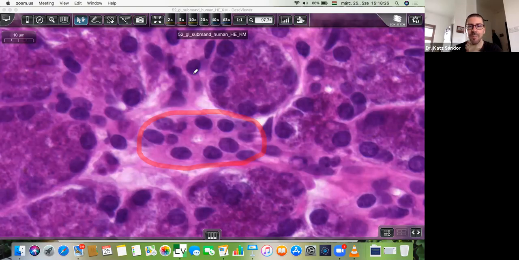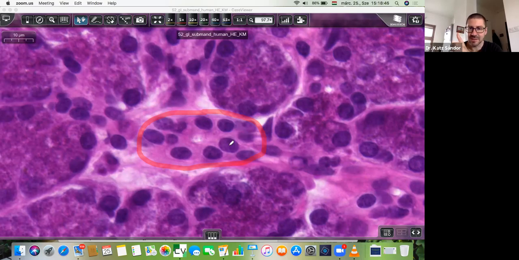Compared with the acini, the round structures, the cross sections of the intercalated ducts are smaller. I think this is really important. They are smaller than the acini.